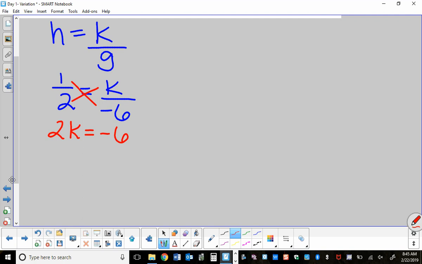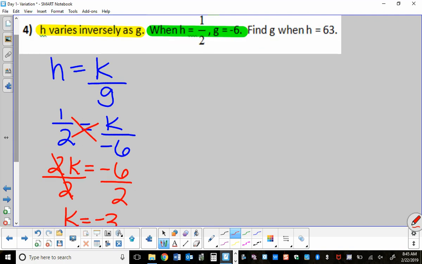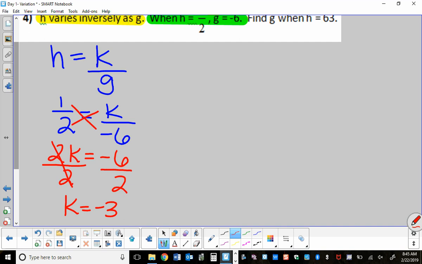How would I solve for k? Yeah, let's divide by 2 on both sides. So k is equal to negative 3. And I will explain to you why I solved it that way. I try to cross multiply whenever I can because it limits mistakes.